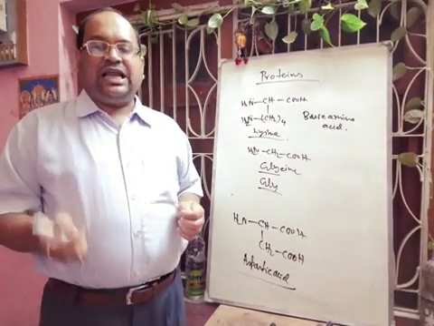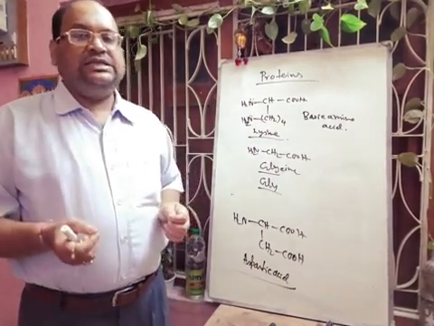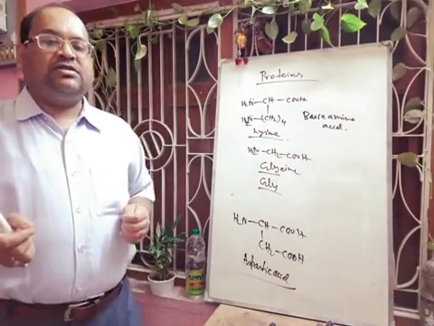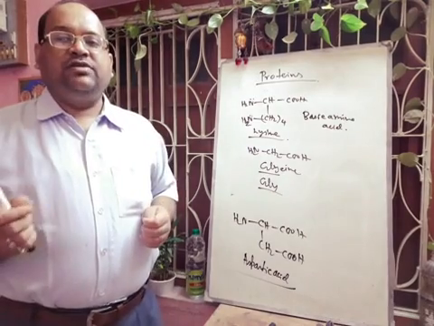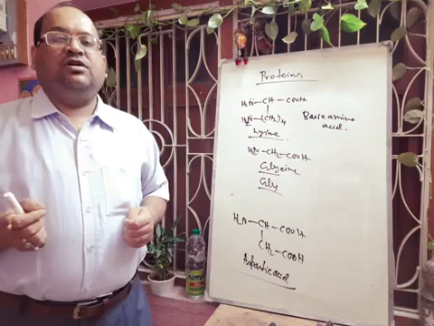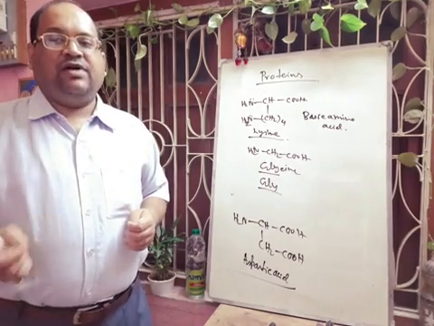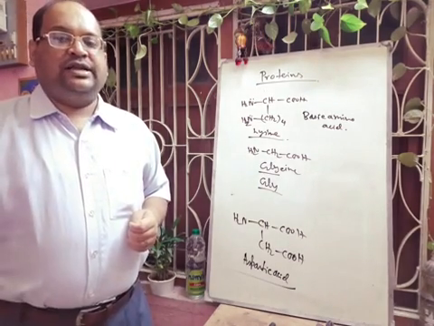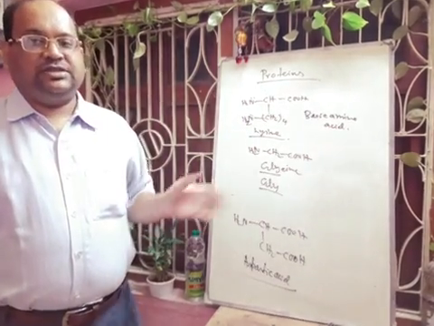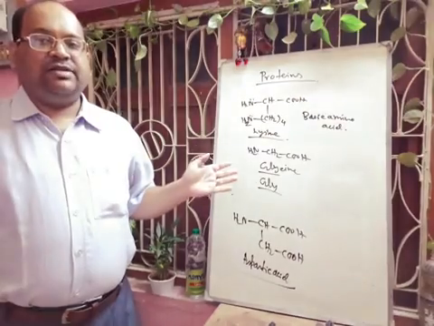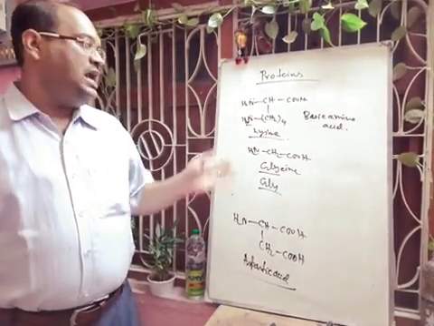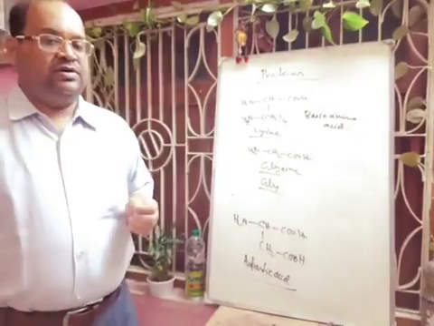Amino acids are colorless crystalline solids and they are soluble in water, and their aqueous solution is neutral in nature as it contains both one acidic group and one basic group. In case of a neutral amino acid, there will be one acidic group and another amine group.